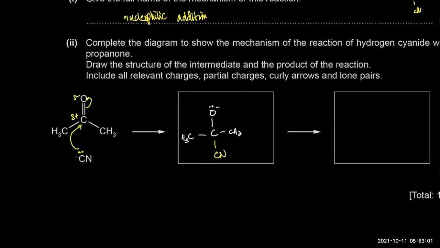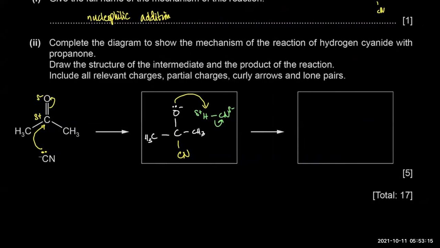What happens in the next part? This oxygen attacks what molecule? The HCN molecule, right? Here delta plus hai, here delta minus hai, and this bond breaks. So at the end of it all, what do we have? We have CO, addition of HCN, right? Addition of HCN, and the catalyst is regenerated.